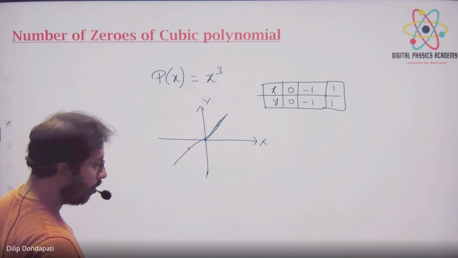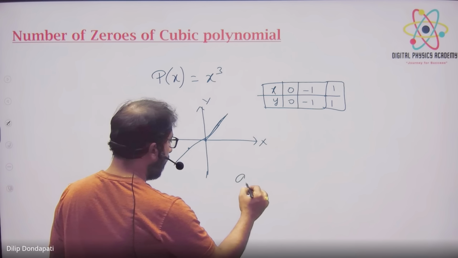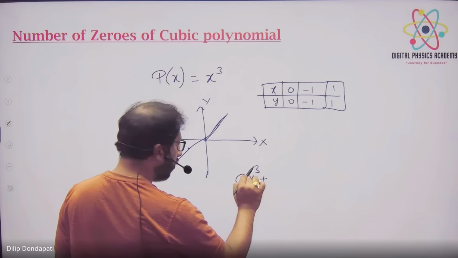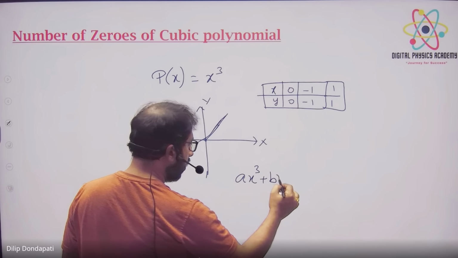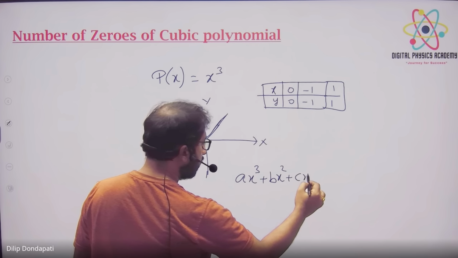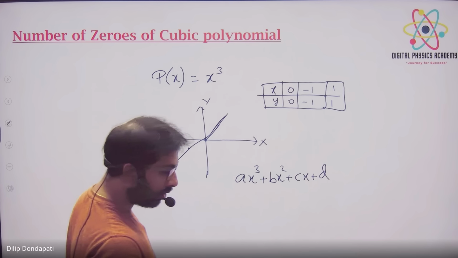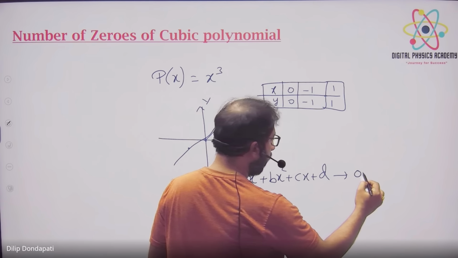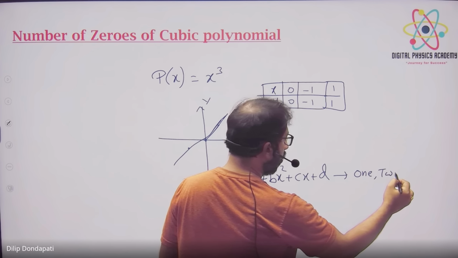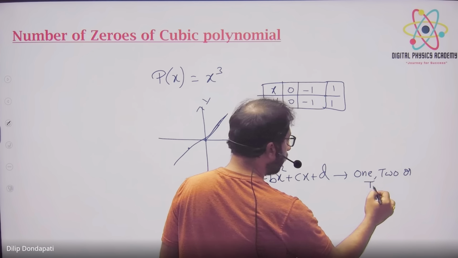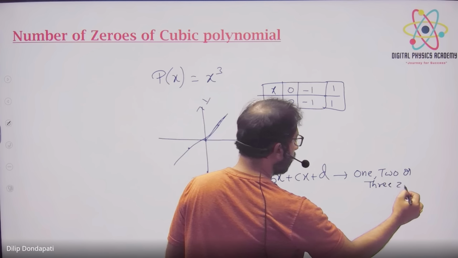Write down the general equation: ax cube plus bx square plus cx plus d. This is the general equation of a cubic polynomial. Its zeros can be 1, 2 or 3.